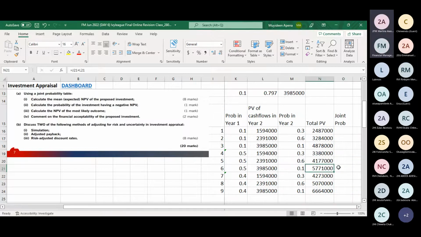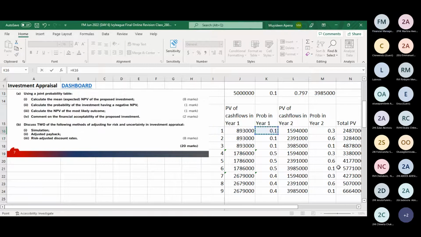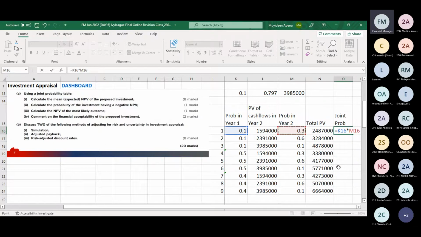Okay. So these are the likely total present values that we will have. Different possible outcomes as well. But the thing is, we are asked to use what? Joint probability table. So the first scenario is going to be a joint probability of 10% in year 1 times 30% in year 2.